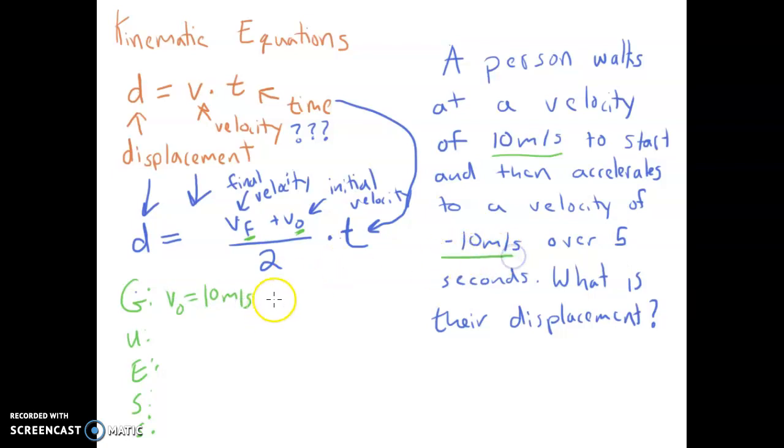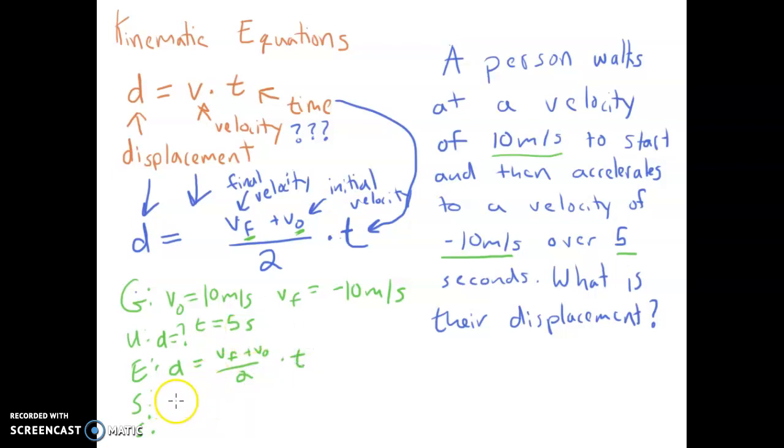Final velocity, negative 10 meters per second. Time, 5 seconds. Okay. Our unknown, what is displacement? Our equation, well, we're just using this equation. That was easy.